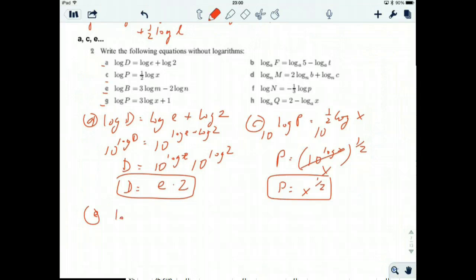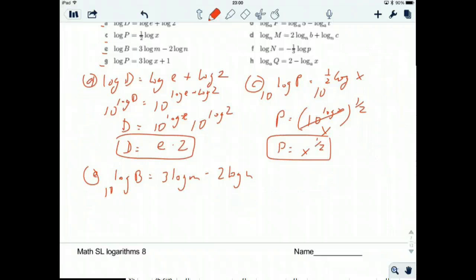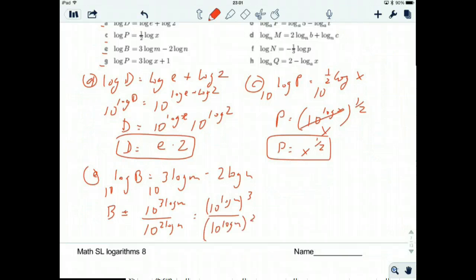E. Log of B is equal to 3 log of M minus 2 log of N. We'll take both sides to the 10th power, and that'll give us B equals 10 to the 3 log M divided by 10 to the 2 log N. And so that's the same thing as 10 to the log M cubed over 10 to the log N squared.